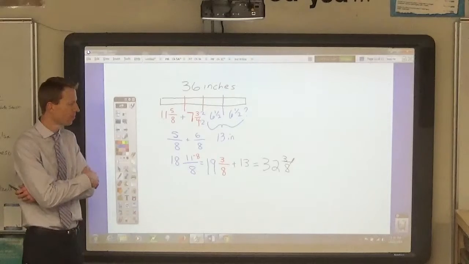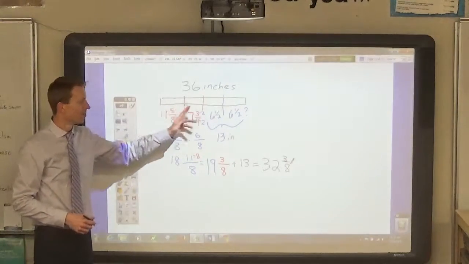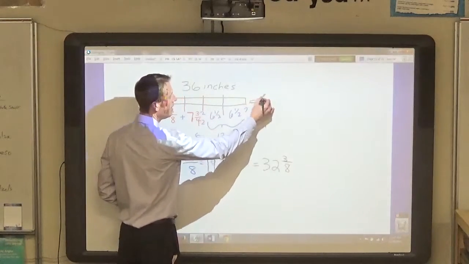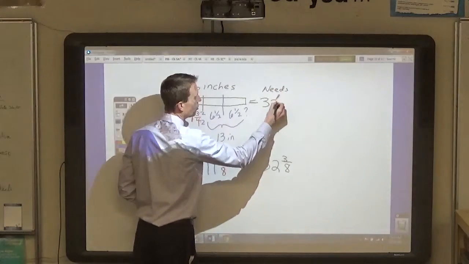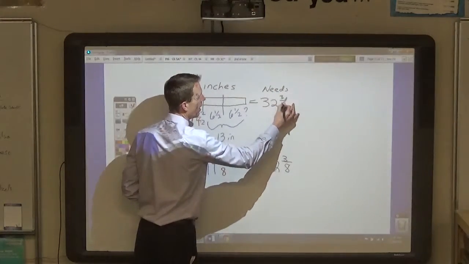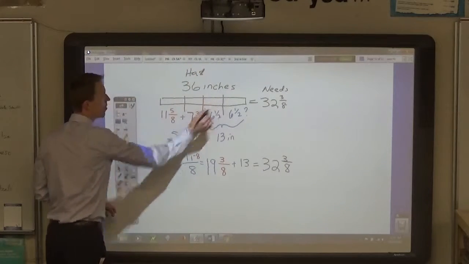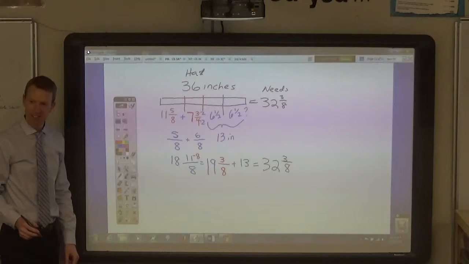Because 32 is less than 36, so that means that there is part of it left. Right. If what she needs is 32 and 3/8, and she has 36, then does she have enough? Yes.